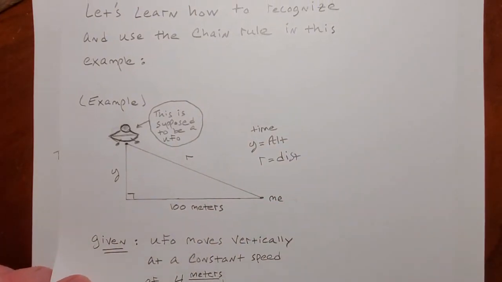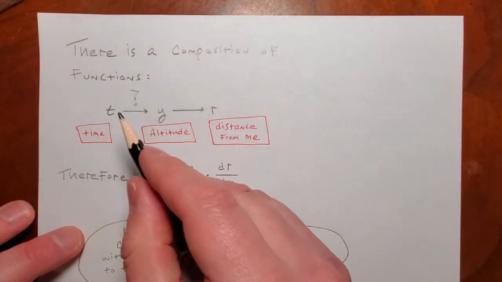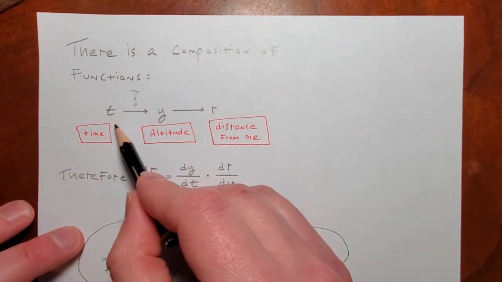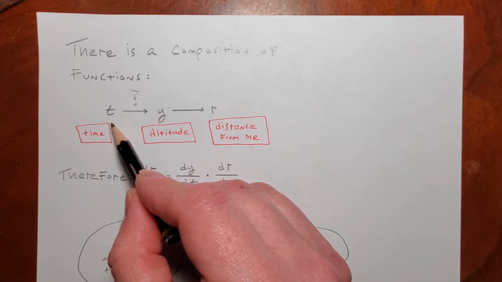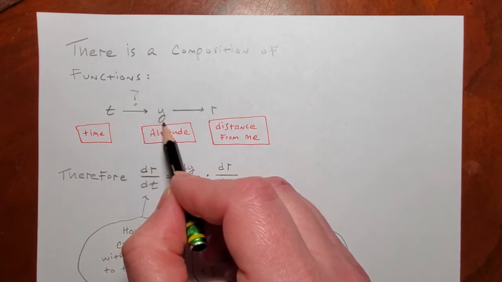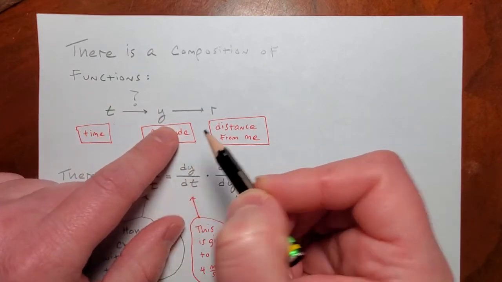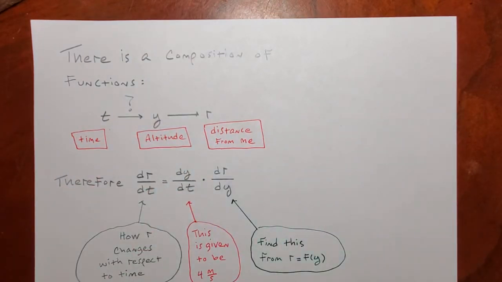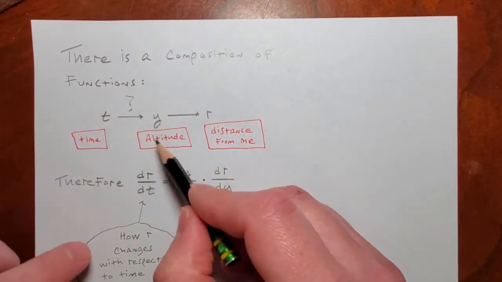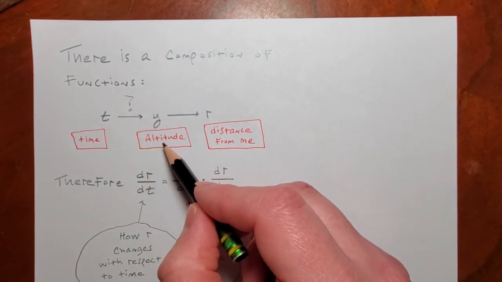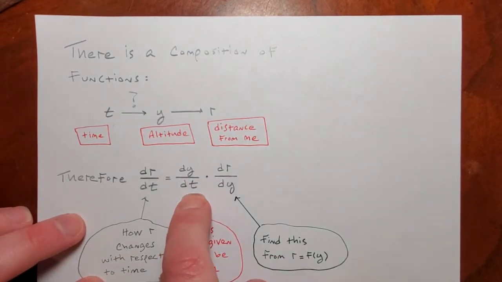I can't do that, because not enough information is given. But it is possible that because it's moving, time determines its altitude. Like, is it true that at every time it has to be some number y meters above the ground? Yes, that's true, even if I don't have an exact equation. It turns out I don't need one, though.